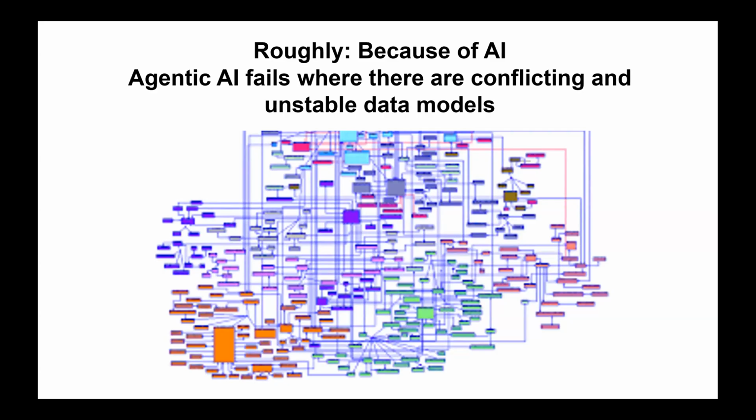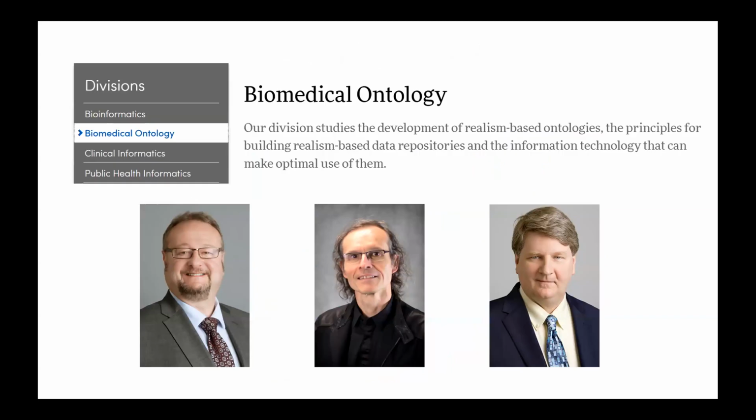Otherwise, your agentic AI will be stuck in a silo, or it will mess things up by trying to cross silos without the benefits of having common terms with common definitions in controlled vocabularies called ontology. So that's why so many people now are becoming more and more interested in ontologies.